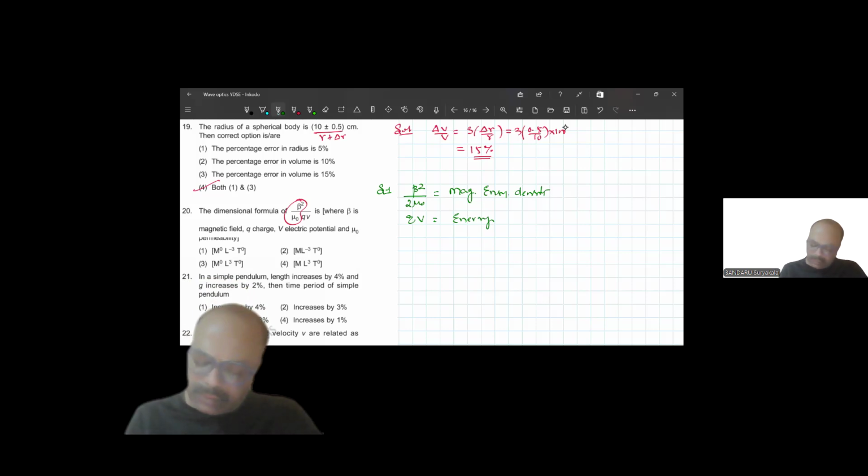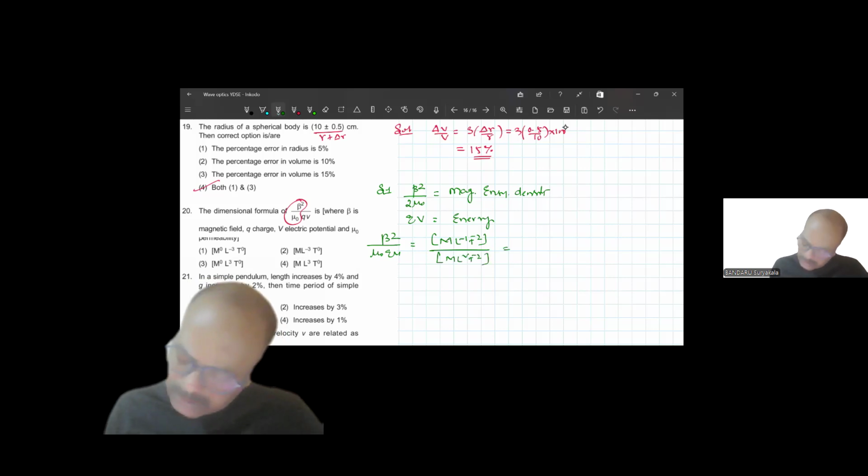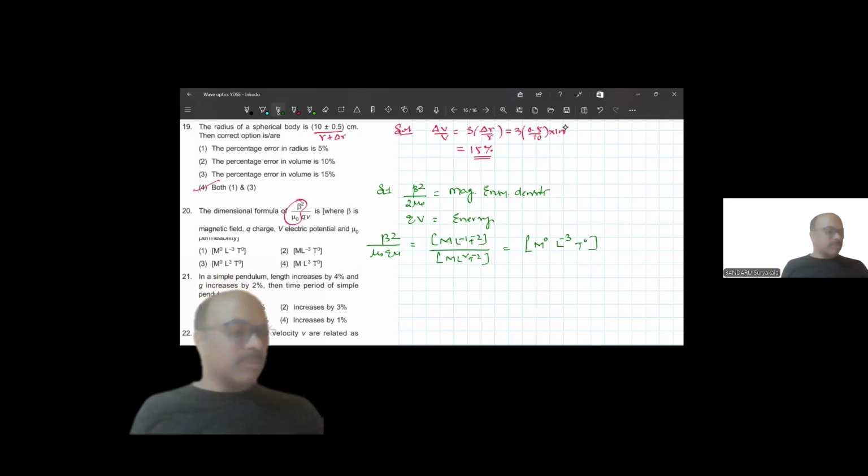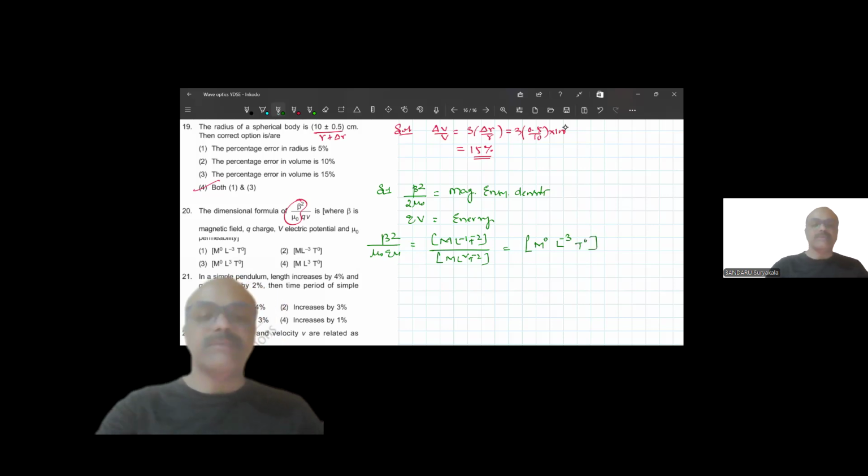So we can write here energy density means energy by volume, M L square T power minus 2. So it becomes M power 0, L power minus 3, T power 0. So option 1 is the correct answer.